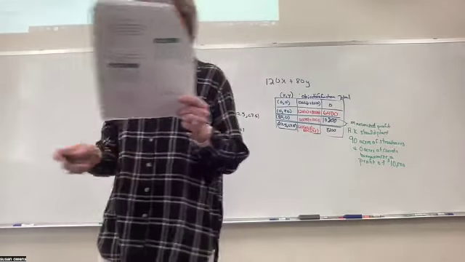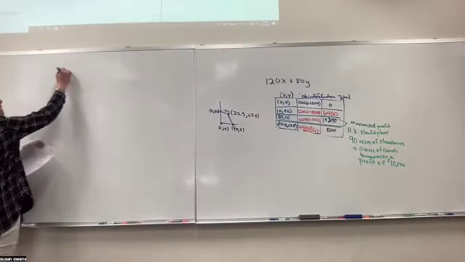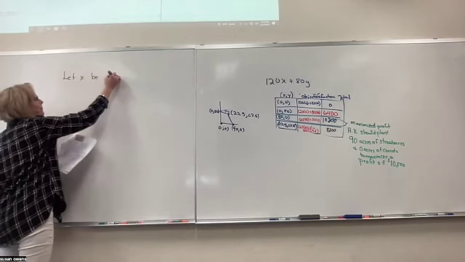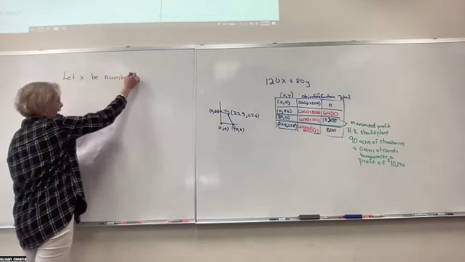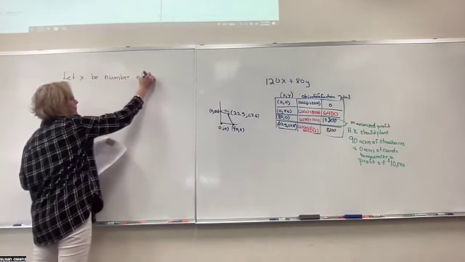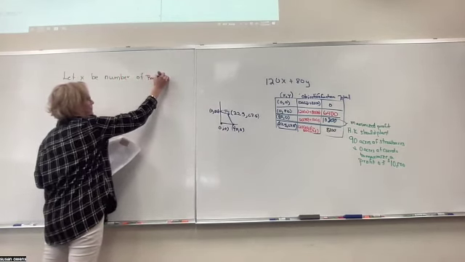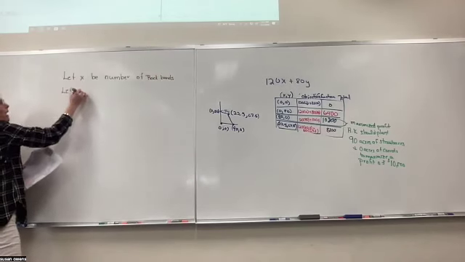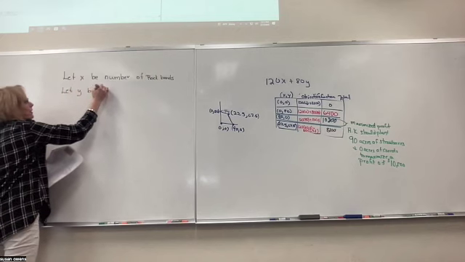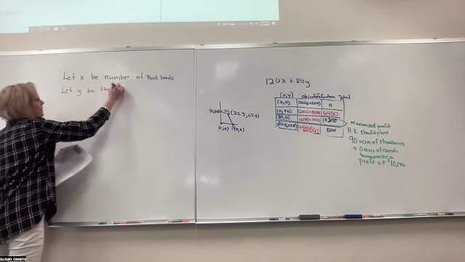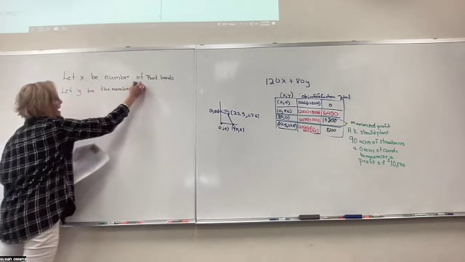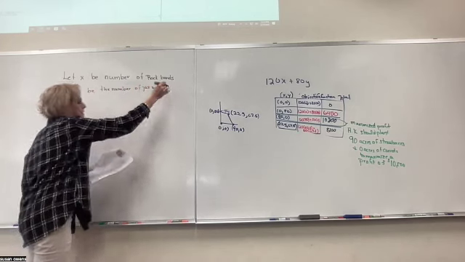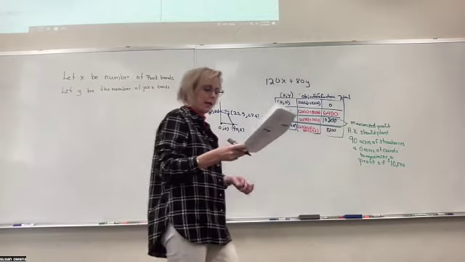So we want to let X be the number of rock bands he can get, and let Y be the number of jazz bands he can get. Okay.